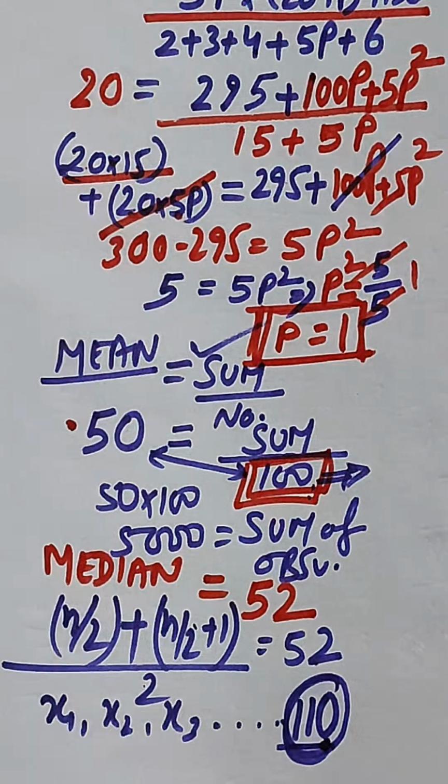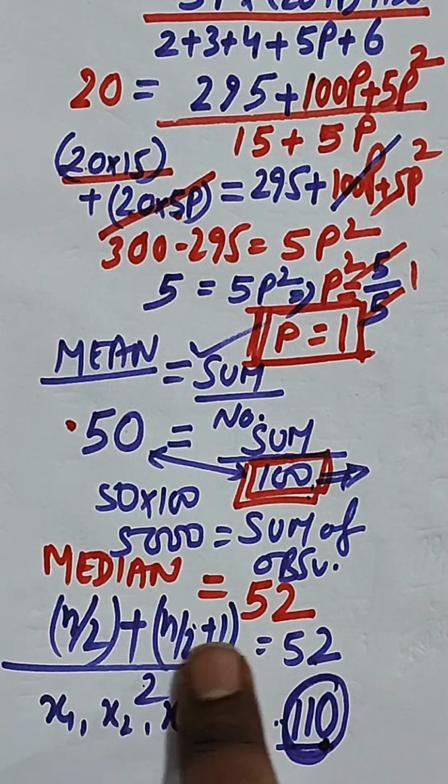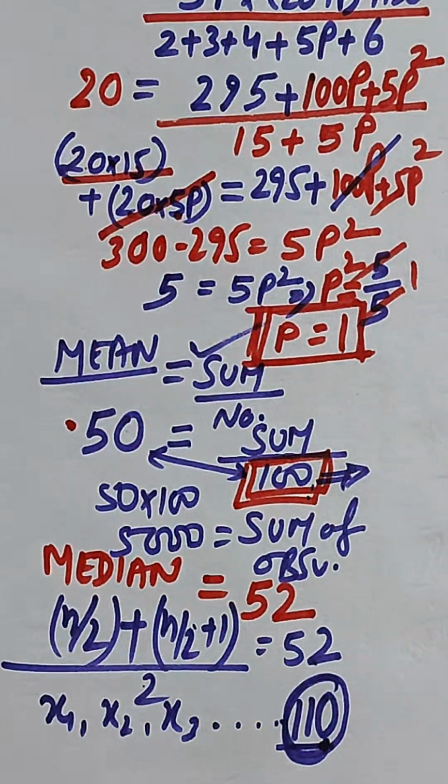As we did in the mean, apply the simple formula: sum of observations by number of observations. Similarly, in median, if you get the total count, say 100, that is even, then using this formula you calculate the median, right?